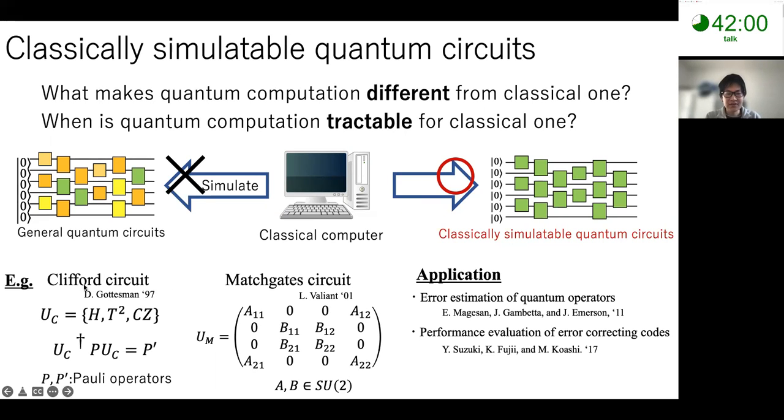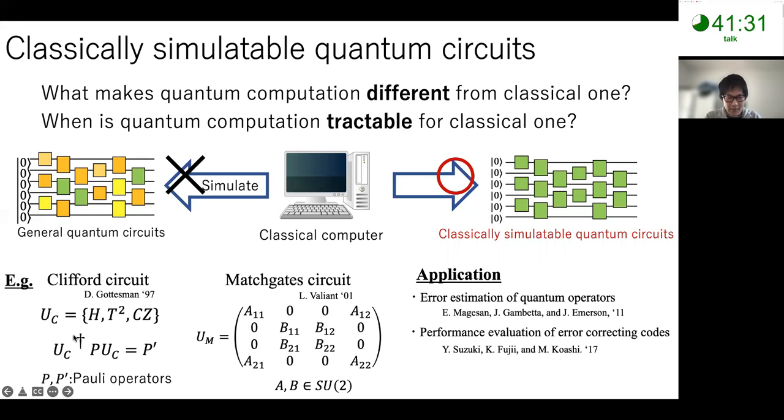And the Clifford circuit is a quantum circuit composed of these three gates: Hadamard gate, T gate squared, and CZ gate. So we replace the T gate in the universal gate set by T squared. And they have a very nice interpretation in terms of conjugation of Pauli operators.